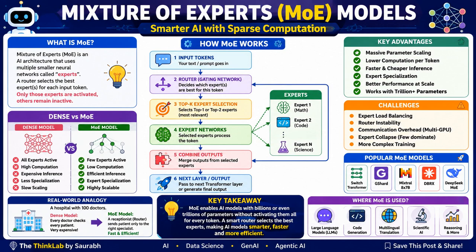Every expert may reside on a different GPU, which requires expensive communication. The fourth one is that the router is unstable, and incorrect routing reduces model quality. Researchers solve these issues by using balancing losses and better routing algorithms to optimize distributed training, right?